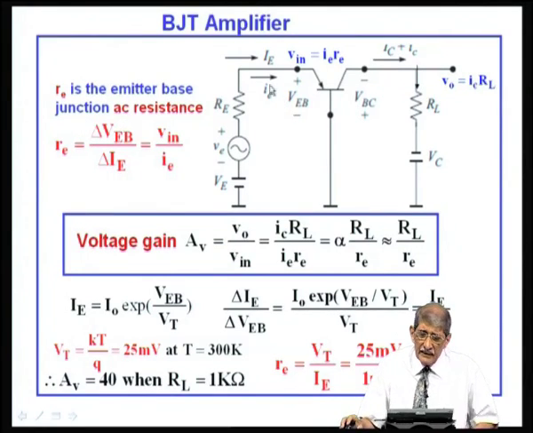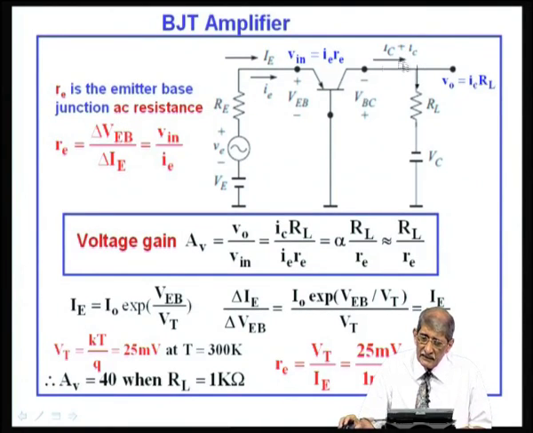This ie will be much smaller compared to the DC current; if the DC current is 1 milliampere, this may be in the microampere range. So, ic also will be the same, or at the most, if it is 1 milliampere, this may be 1/4 of a milliampere, and the collector current will also be 1/4 of a milliampere. So, small ie is the AC current, and small ic will be the AC collector current, which will be the same as small ie.